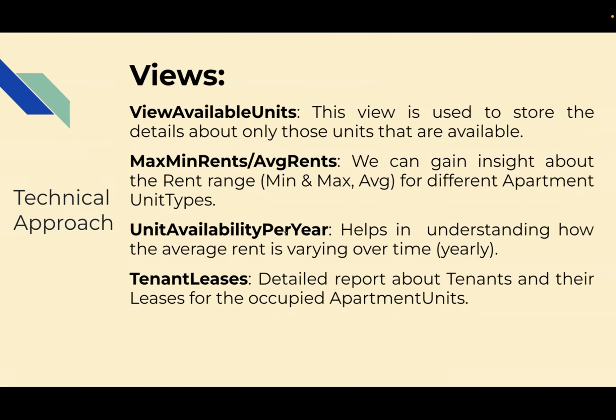Then the next is unit availability per year. This is just to understand how the rent is varying over time, like each year, what's the difference between their average rents.